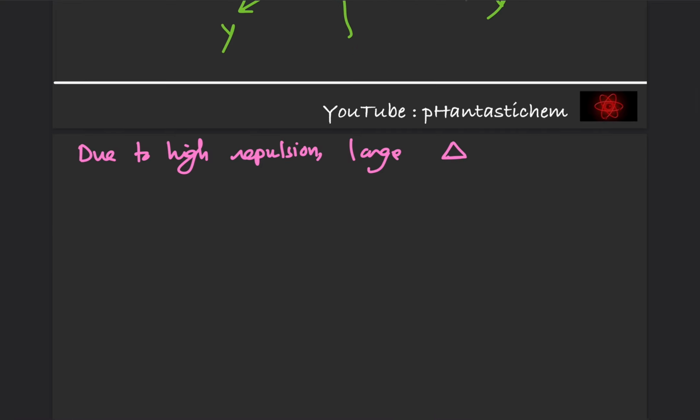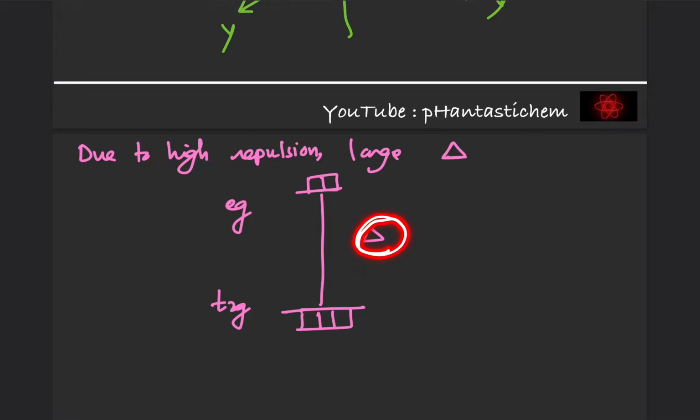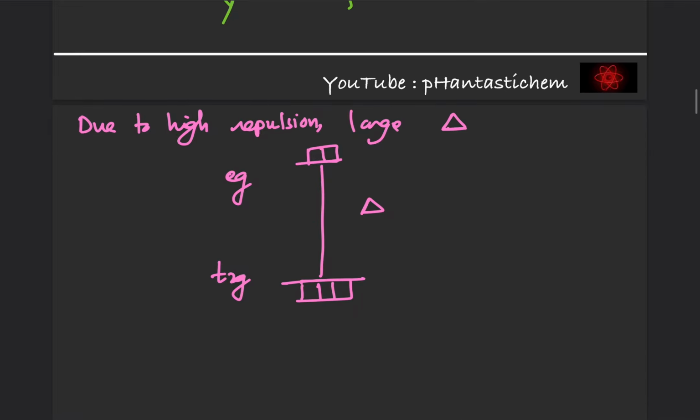Okay, crystal field splitting energy is the difference between Eg and T2g. Okay, so the gap between T2g and Eg is very high. Okay, so because of this high crystal field splitting energy compared to pairing energy, electrons prefer to pair, or you can say eventually pairing occurs.